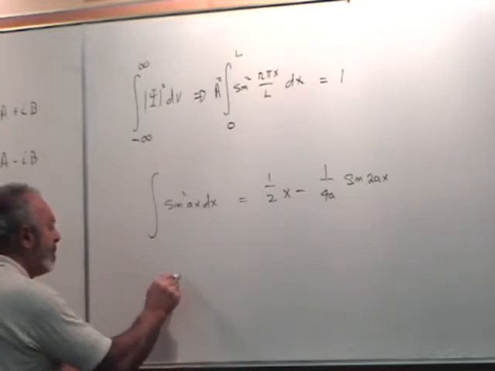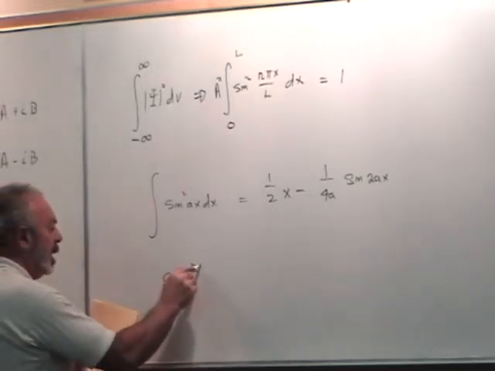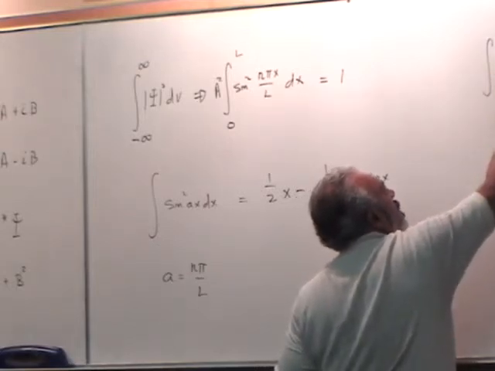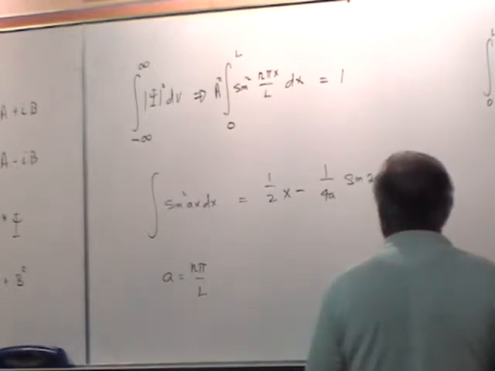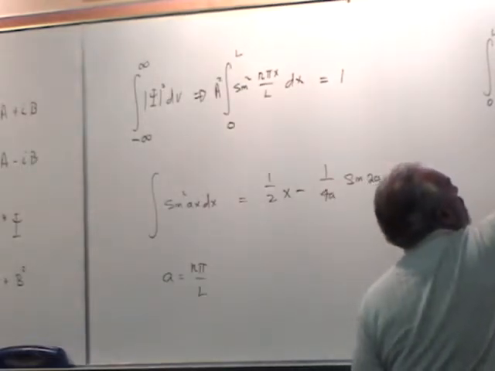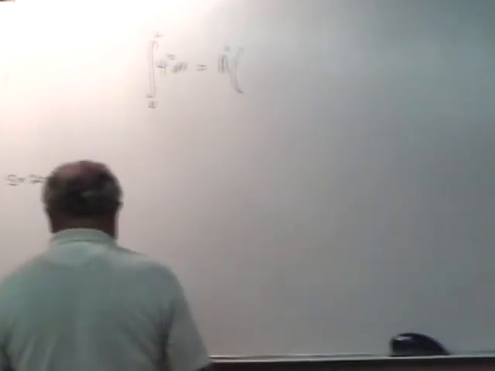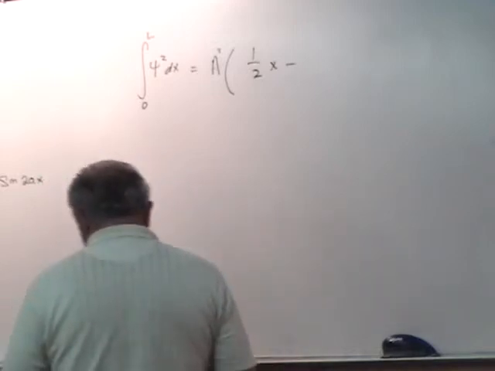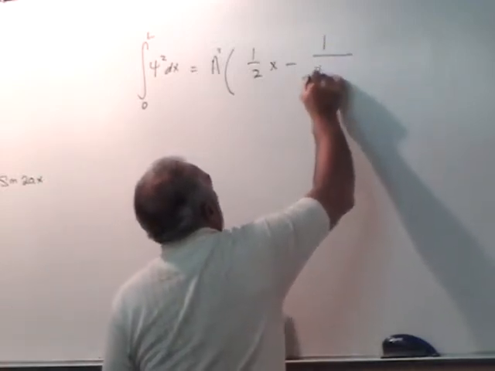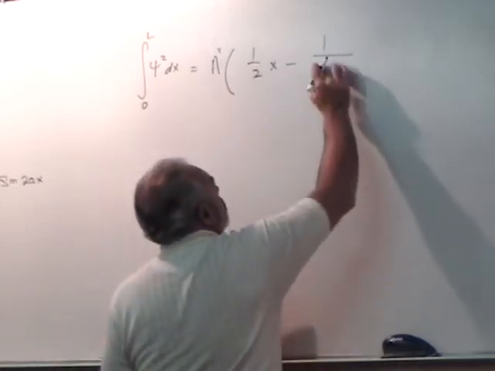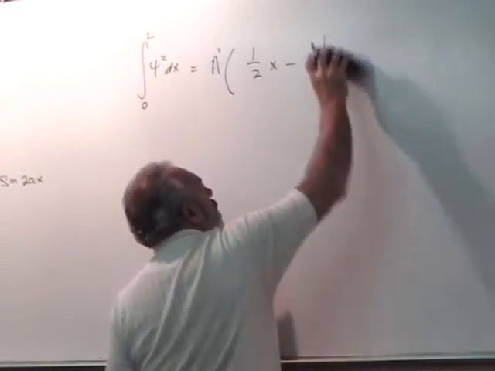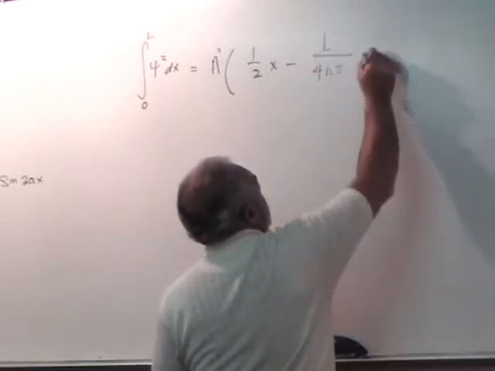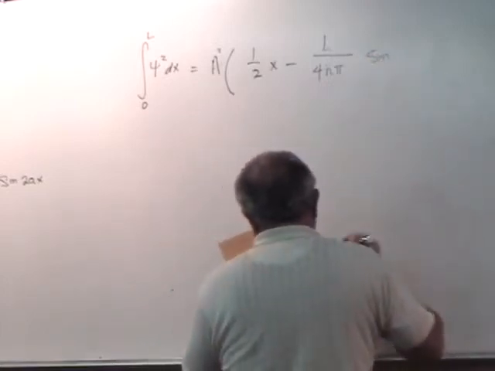So for us, a is equal to n pi over L. So for us, the integral of psi squared dx from 0 to L turns out to be, of course, there's an A squared out front times 1/2 x, and then minus 1 over 4a, so there's an n pi over L times the sine of 2ax.